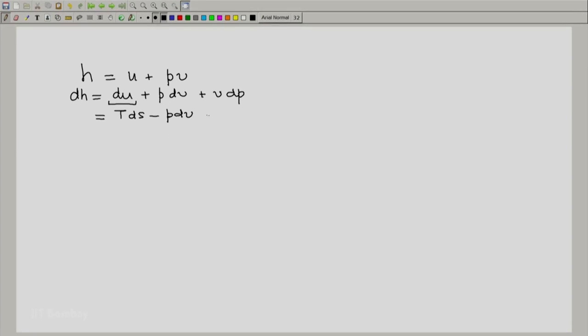We continue with this plus PdV plus VdP. These two terms cancel out and we end up with TdS plus VdP. Now this is the relation for dH.